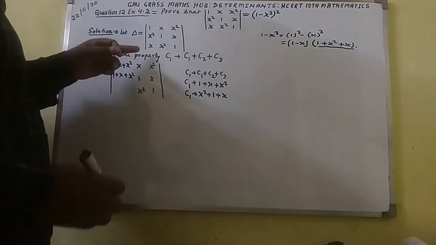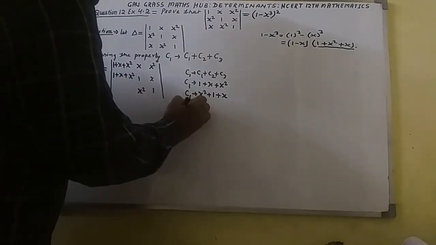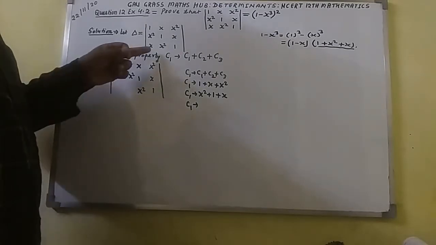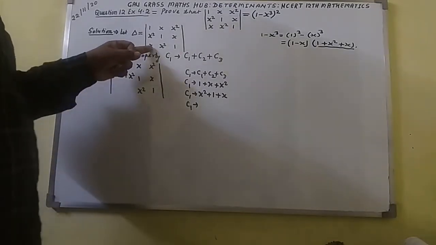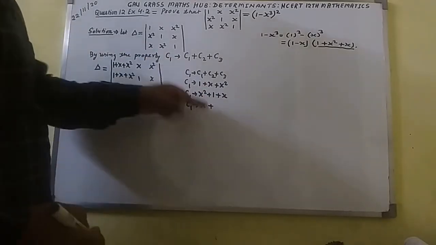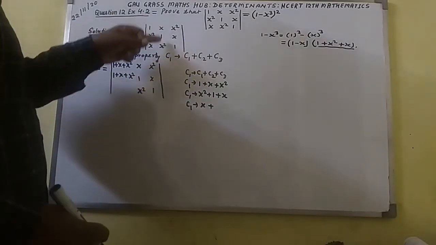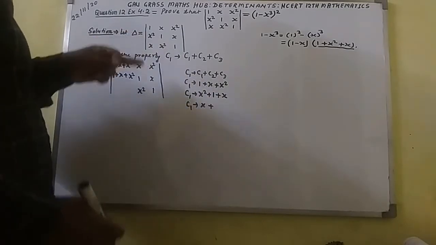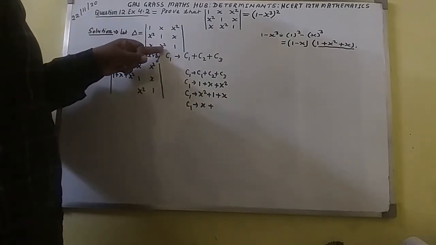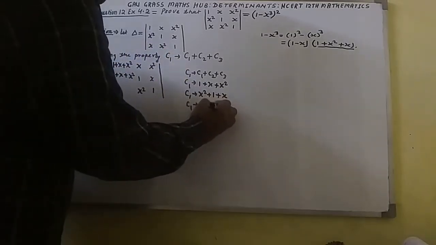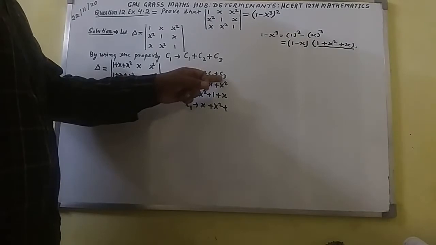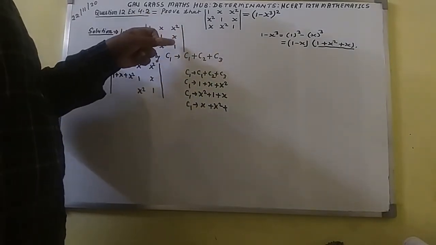And again C1 goes to, if I take the element of C1 as x, so here write x plus, for C2 I shall refer second column. The corresponding element of x in the second column is x square. So here write x square plus, for C3 I shall refer third column.